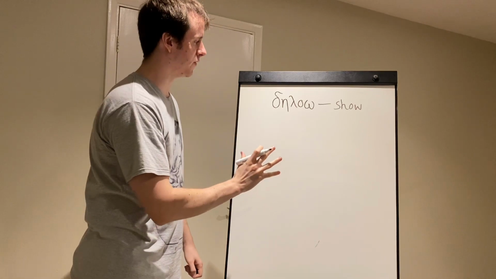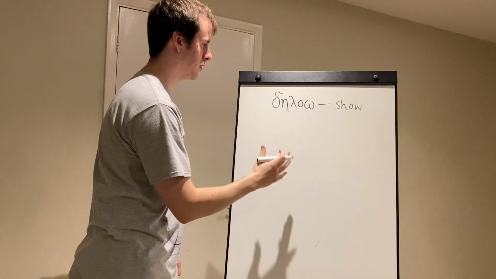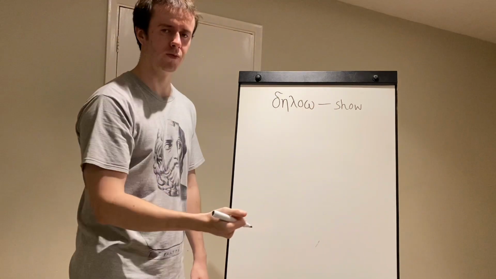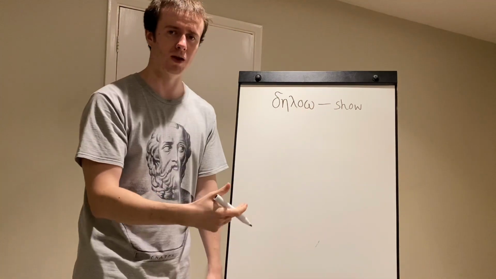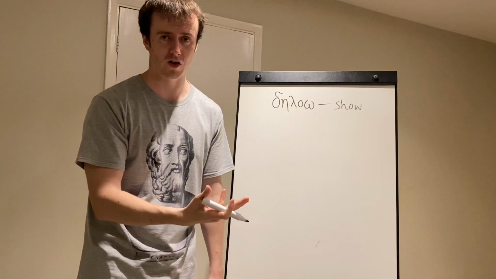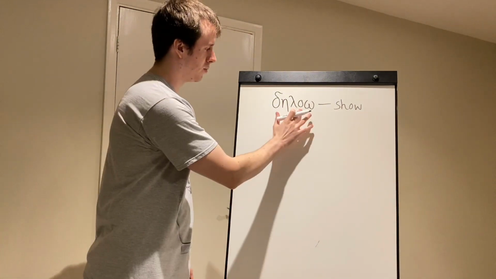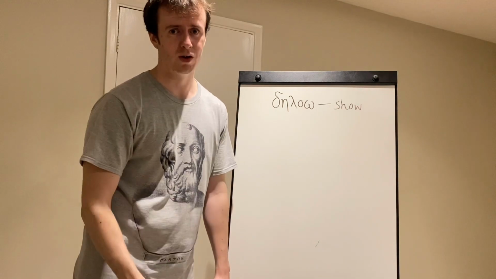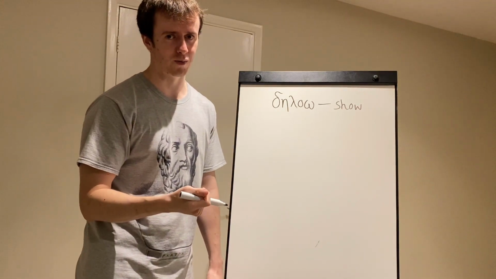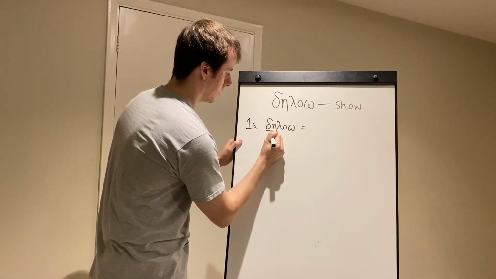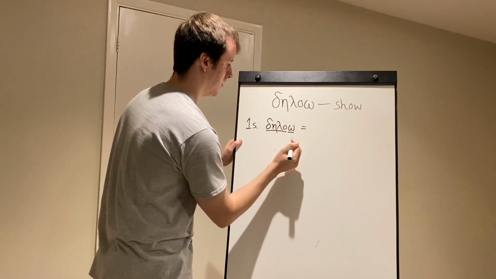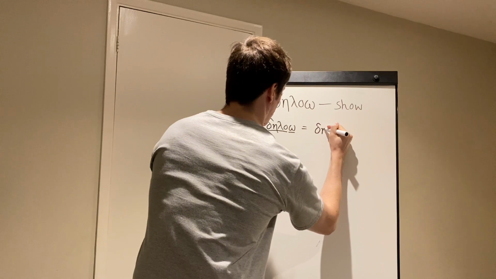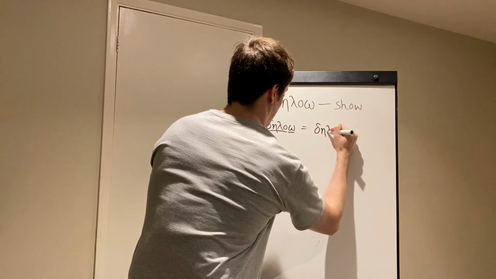Finally, the paradigm for verbs with stems ending in omicron is dēloō, which means to show. So in the first person singular form, it means I show or I am showing. We want to find out how omicron contracts with the person endings, which, if you consult your table, you will already be able to figure out. In the first person singular, the stem dēlo plus the person ending ō makes dēlō, meaning I show or I am showing.